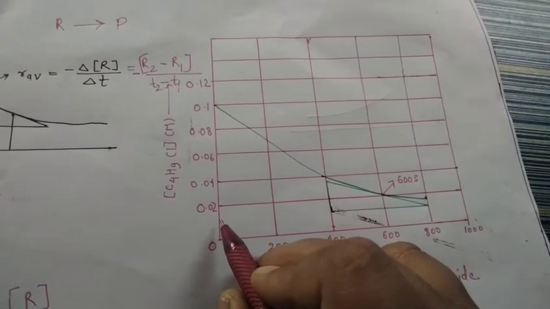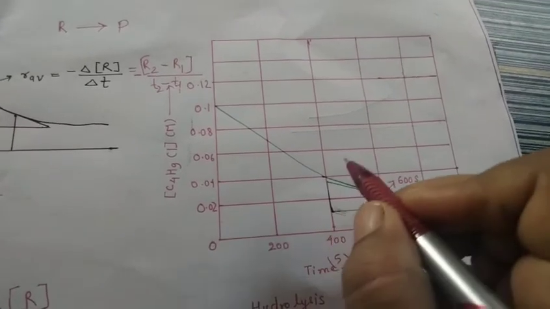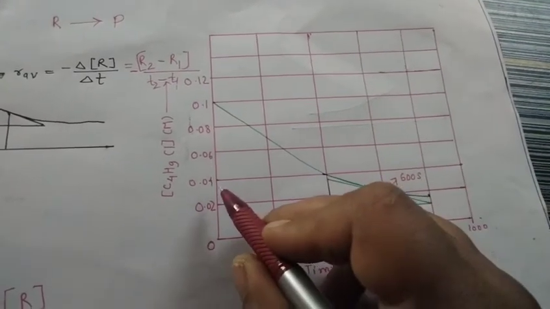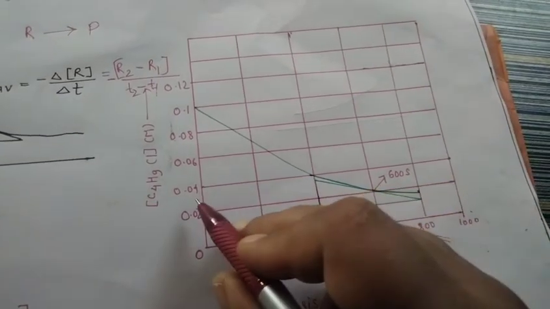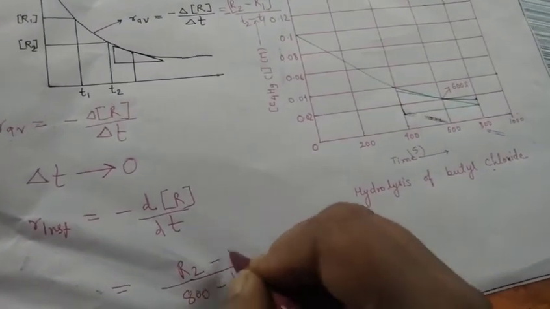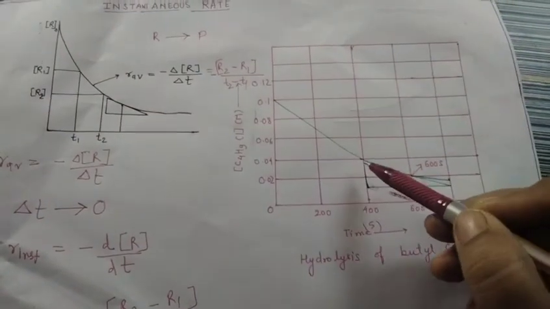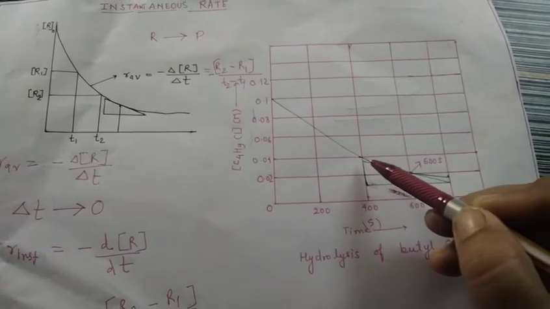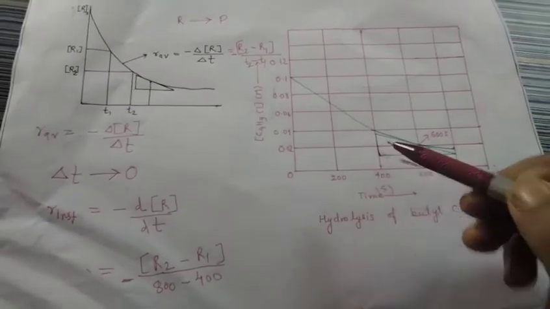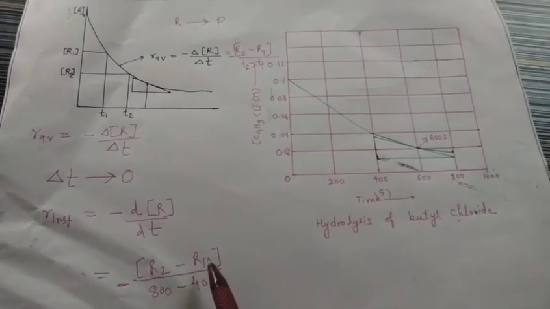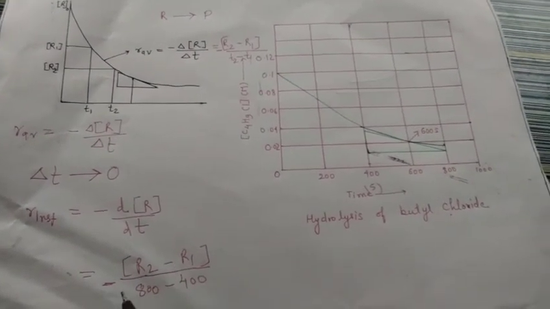Here the concentration we will take is R2, and this concentration will be the other concentration, this one and this one. So write like this here: R2 minus R1, we will take from here and from here. It will have a minus, because the concentration of reactant decreases with time. So this will be more and this will be less, but here we are taking minus less, so the minus will cancel.